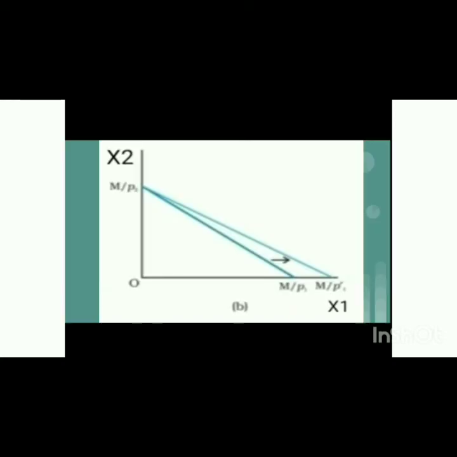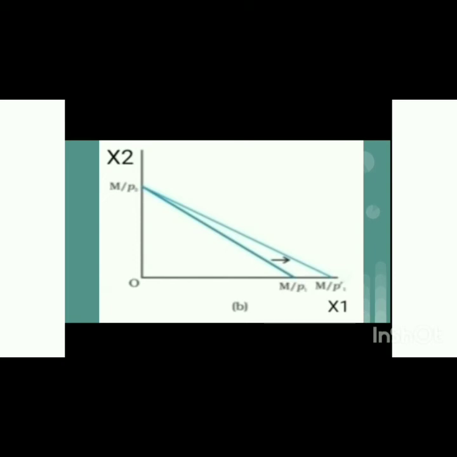See the figure. M bar P2 is constant on the y-axis, and on the x-axis M bar P1 changes. Here M bar P1 shifted to M bar P1 dash. Here P1 dash means a change in the price of good 1.